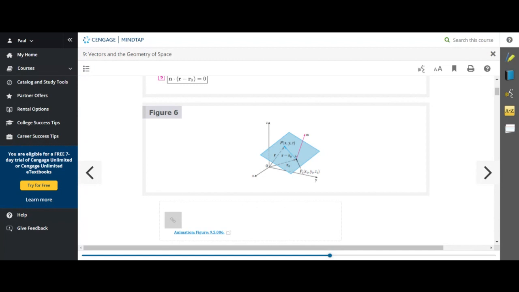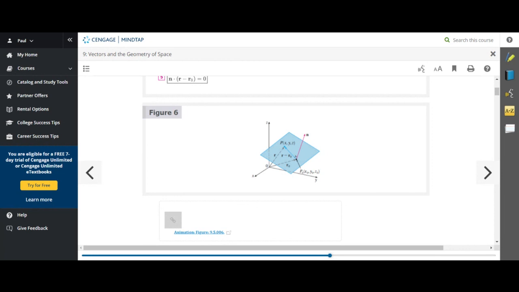The normal vector passes through that point P sub 0, but then you have this other point x, y, z that is another point on the plane, and you can just see that locks down the plane.